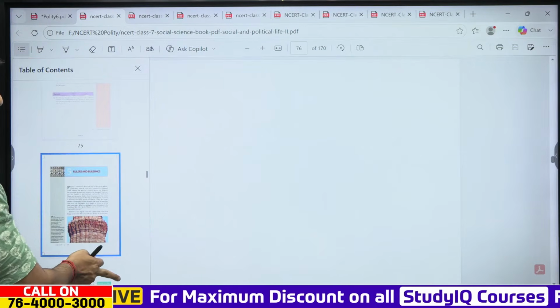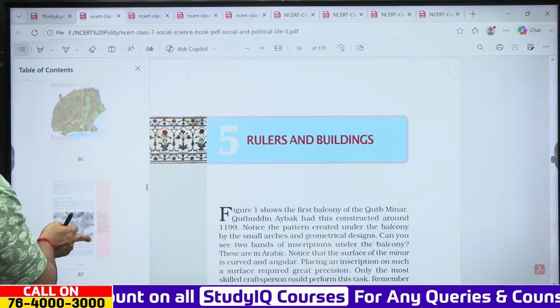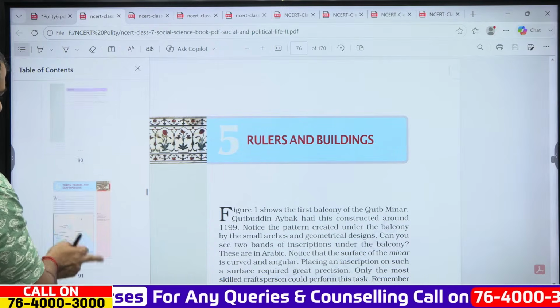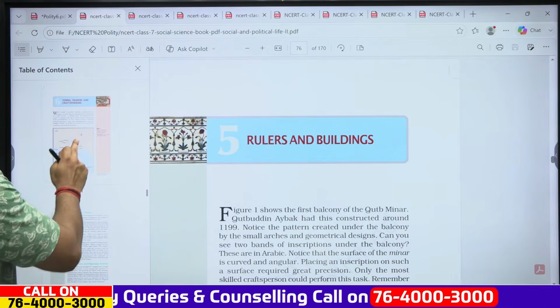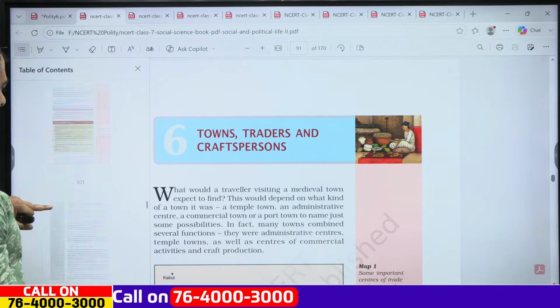Fifth is about rulers and buildings, again a history topic. Sixth is about towns, traders, and craft persons, again part of history.